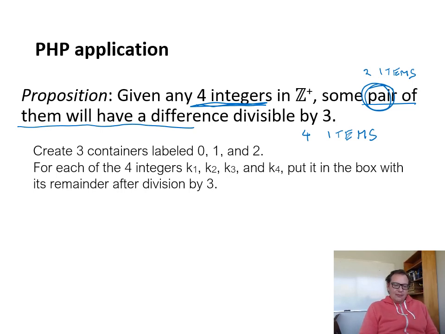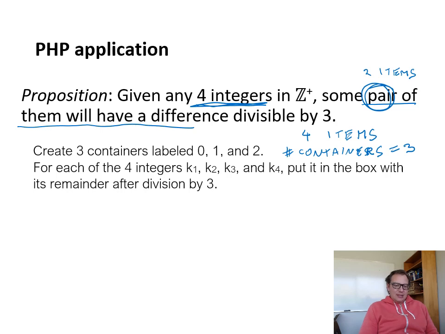So we want to have a container in which we need to have at least 2 items, and we are distributing 4 items. So from that, it follows that the number of containers should be equal to 3. Okay, so we're going to create these 3 containers, and we're going to label them 0, 1, and 2.